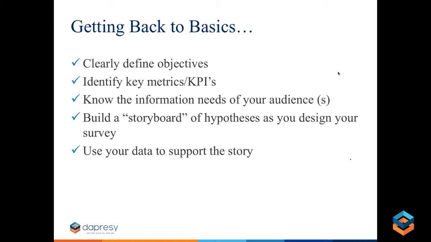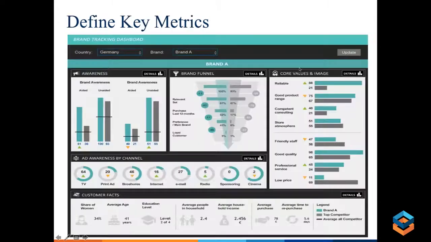So let's show you an example here. When we talked about key metrics and objectives, John showed this example briefly before, and I'm going to ask him to weigh in on this one.